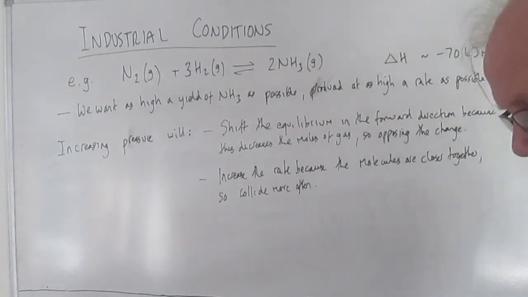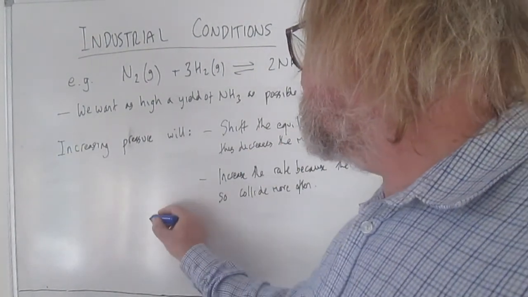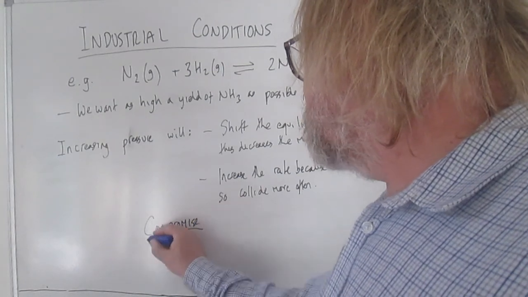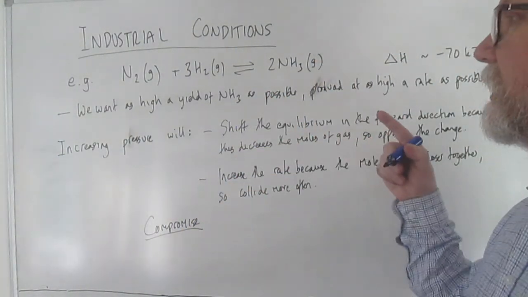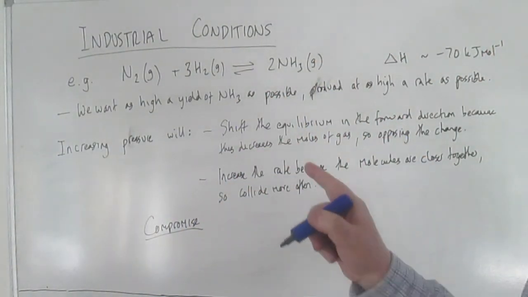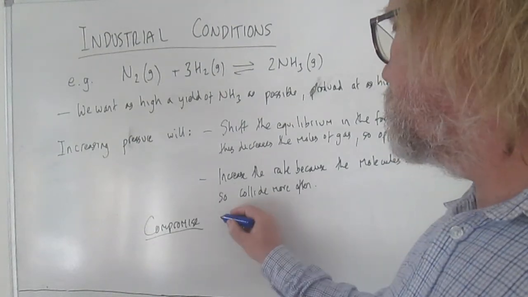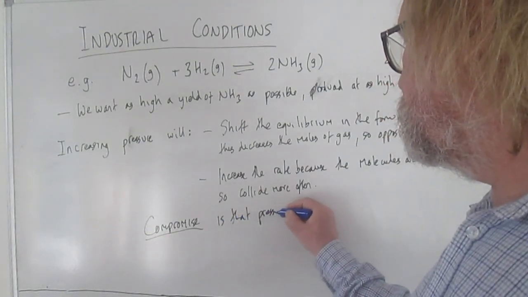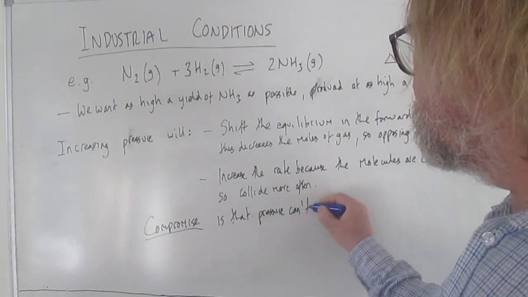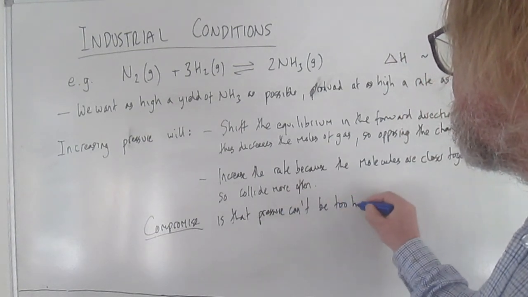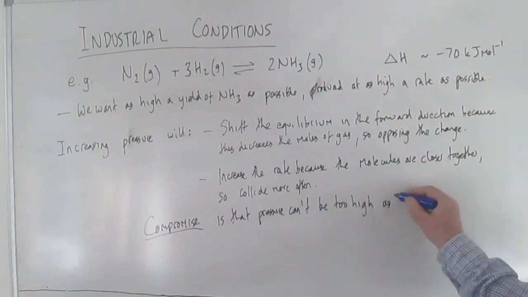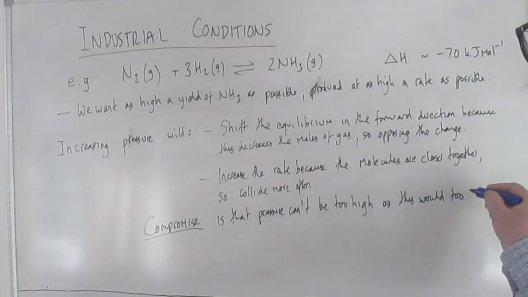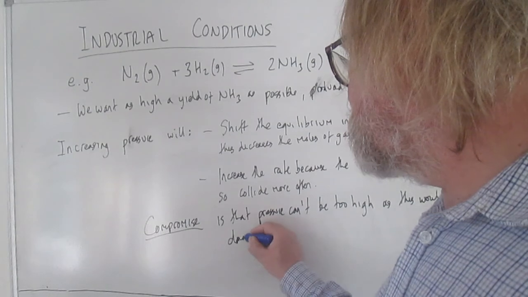So the compromise, in this case, is not between yield and equilibrium, because those are both saying go for high pressure, but the compromise is that pressure can't be too high, as this would be too dangerous and too expensive.